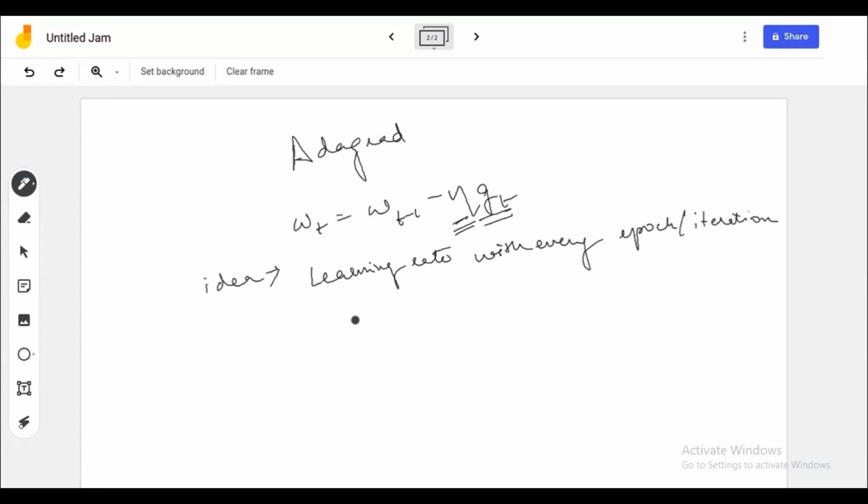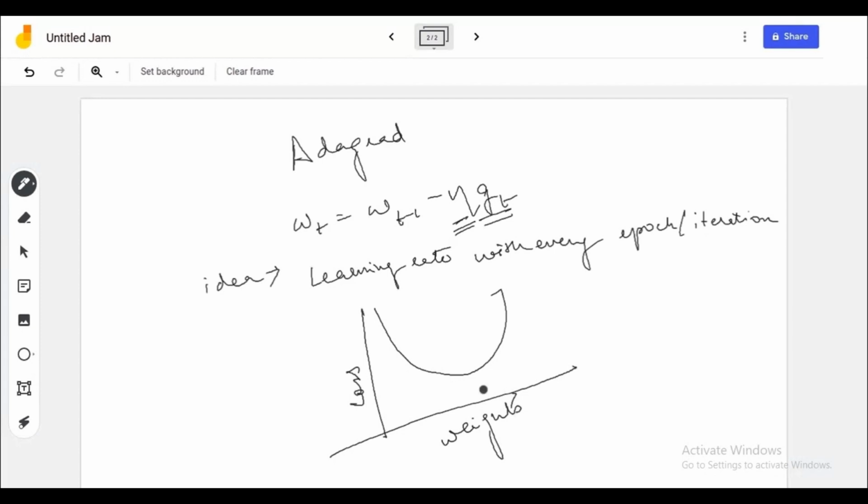What that means is, let us first look into this graph. This is a graph of loss versus weights. Let's suppose we calculated and our loss is somewhere here.